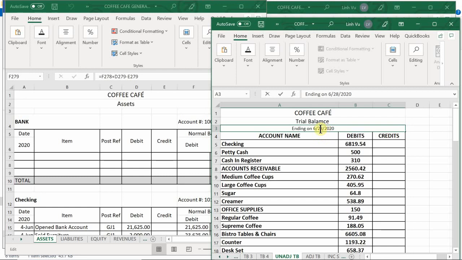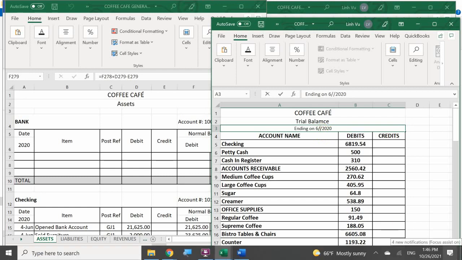Is that something like doing it normally in December? It's when you close the accounting period, at the end of the year, or in this case, the end of the month.